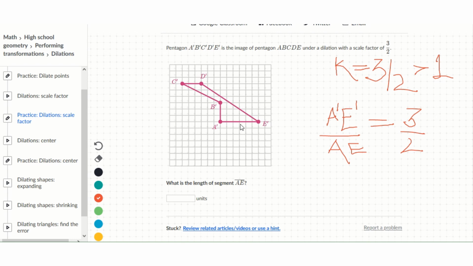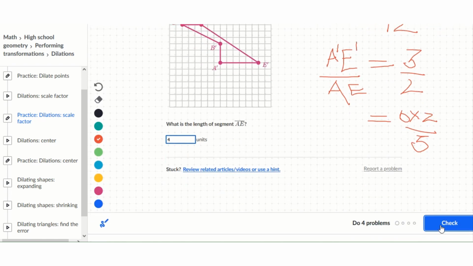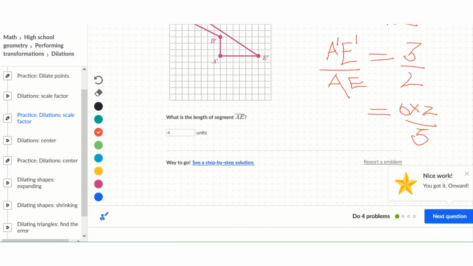So 1, 2, 3, 4, 5, 6. This is 6. So 6 multiplied with 2 divided by 3 will be your answer. This is going to be 4. So the answer is going to be 4. You can also check your answer. Correct. Similarly, you can proceed to the next question.